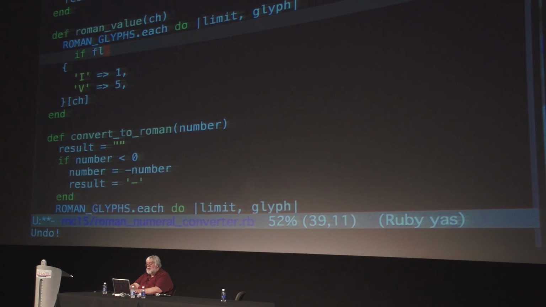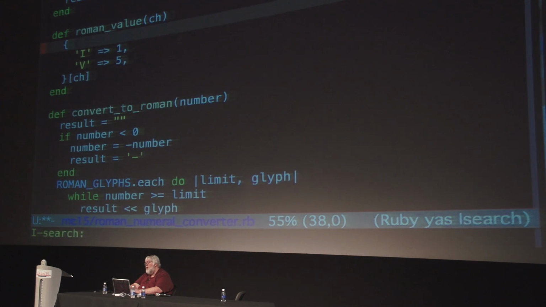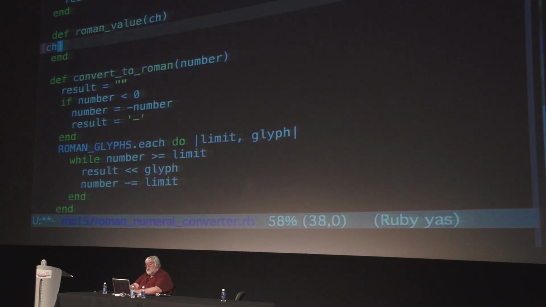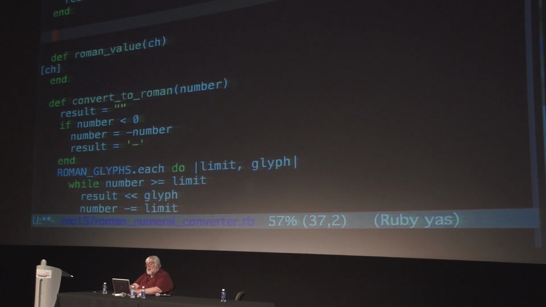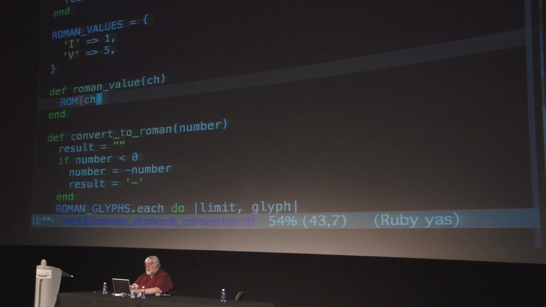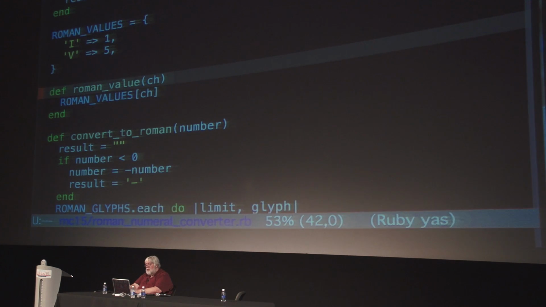I'm going to wait on this. I'm going to allow the duplication to exist for right now. In fact, I'm going to pull this constant out and make it a thing called Roman values. Create a constant that is our hash here, and then call Roman values inside the method called Roman value.